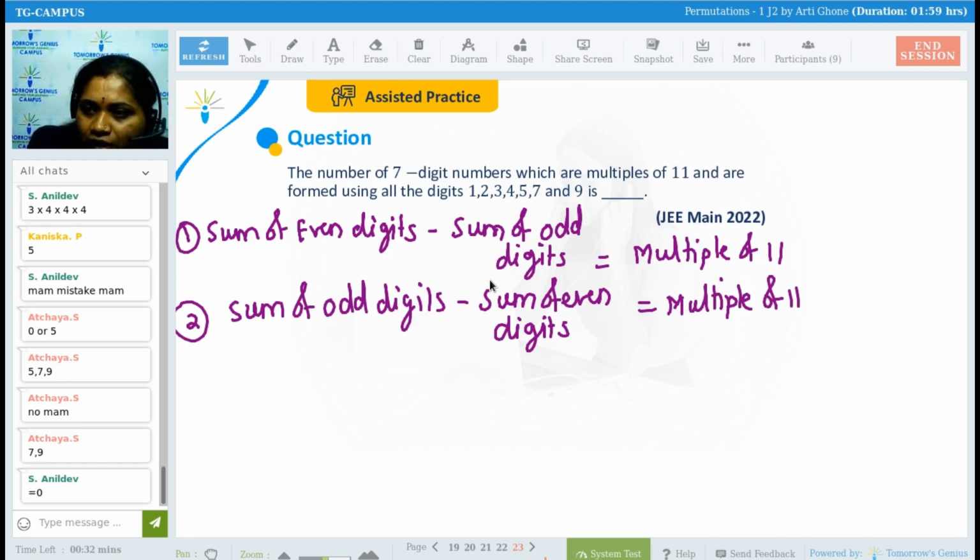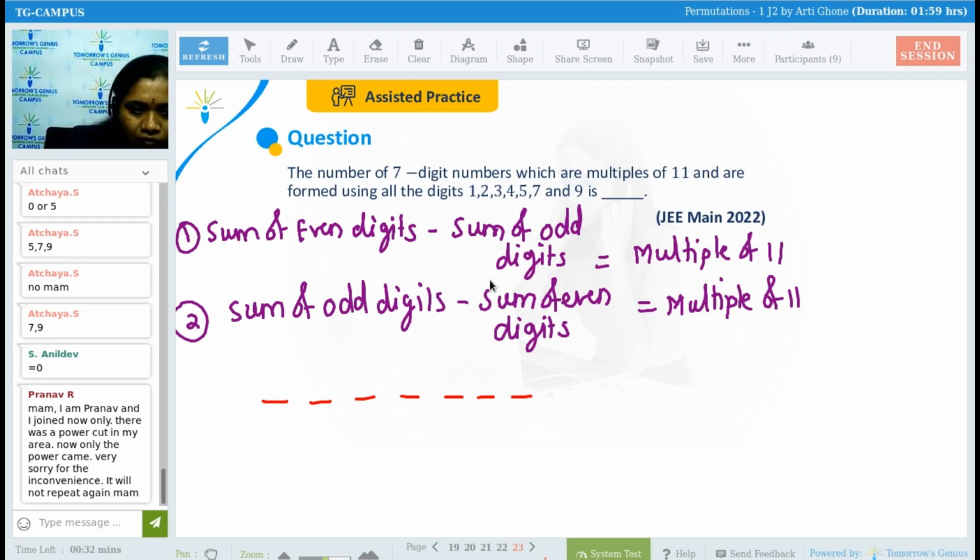Now we want a 7-digit number. A 7-digit number holds how many even places and how many odd places?